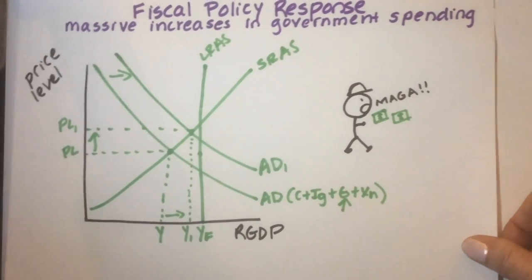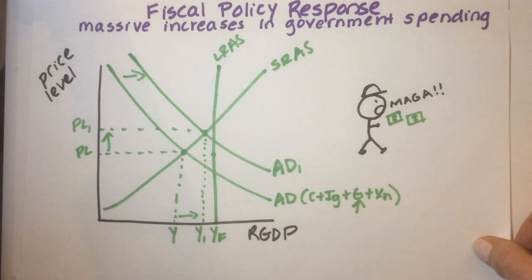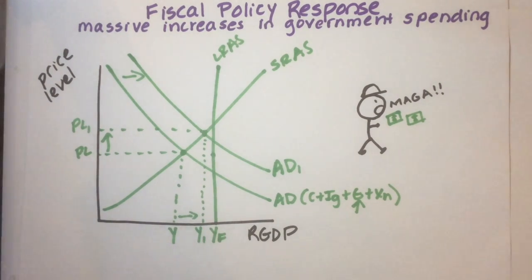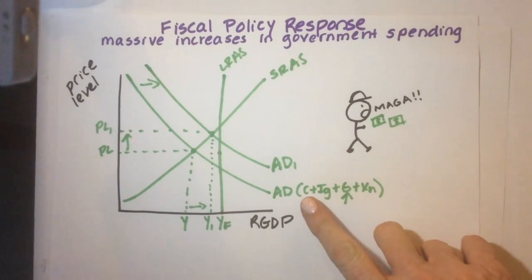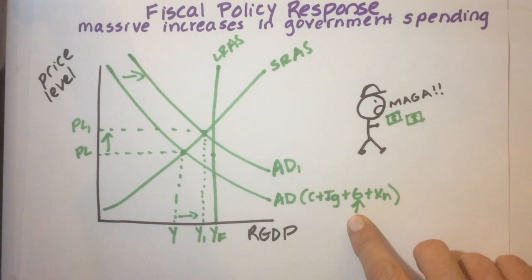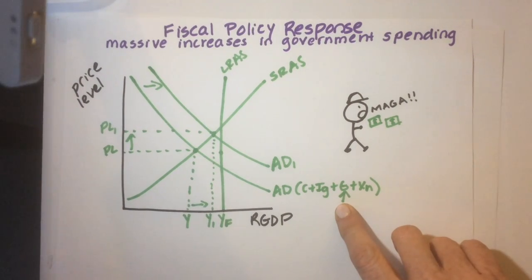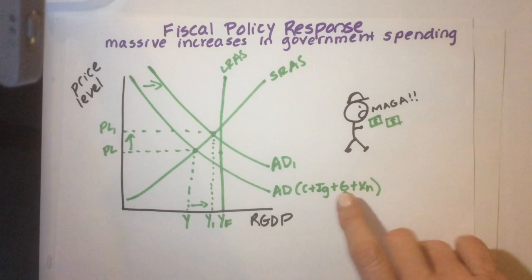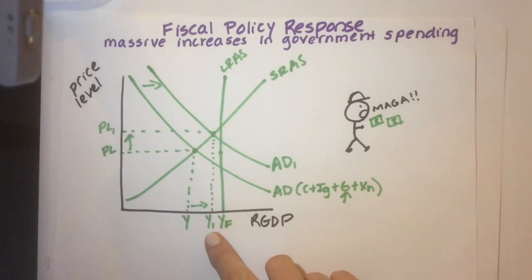So the fiscal policy response is a massive increase in government spending, which we should see coming out in the next few days. This is because consumption spending has dropped and investment spending has dropped. The government comes in and starts pumping a lot of money into the economy with the hope that we can start to close that recessionary gap.